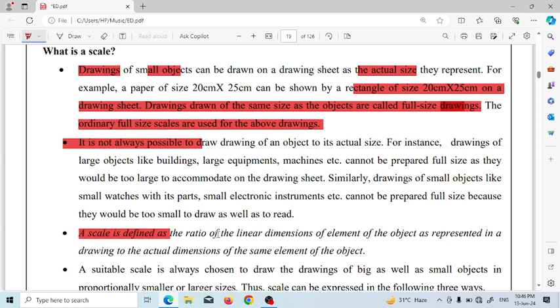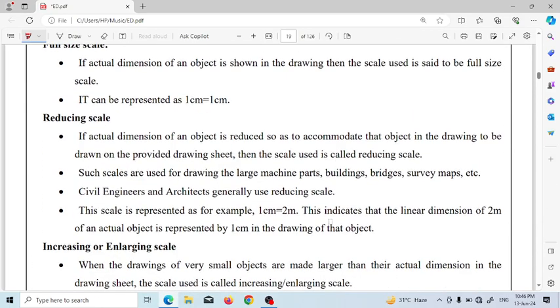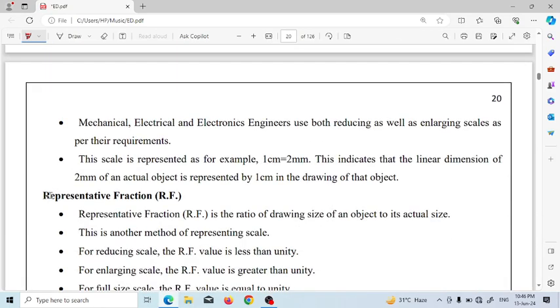A scale is defined as the ratio of the linear dimension of an element of the object as represented in the drawing to the actual dimension of the same element of the object. This factor is called the representative fraction, which is the ratio of the drawing size of an object to its actual size.